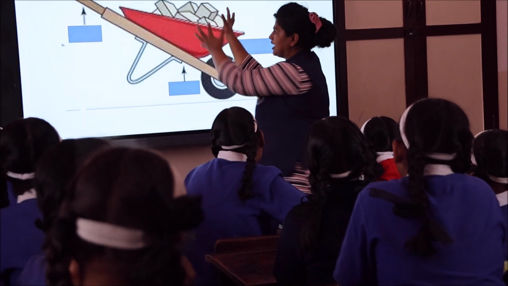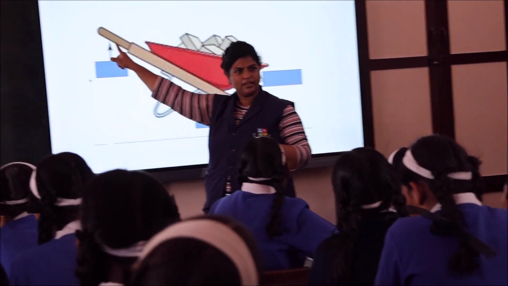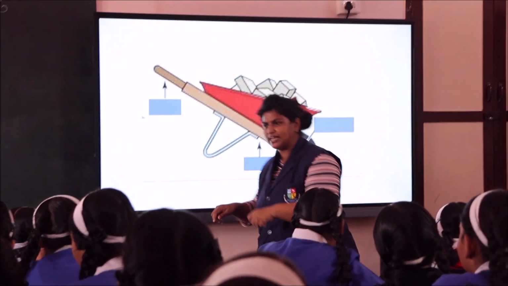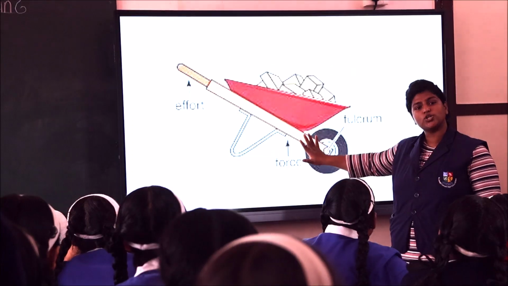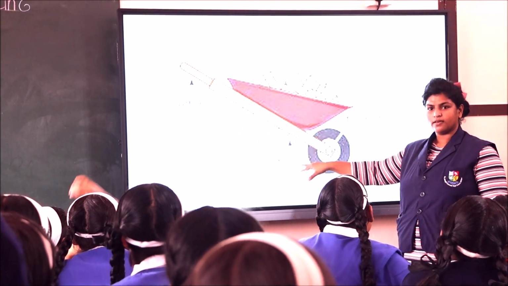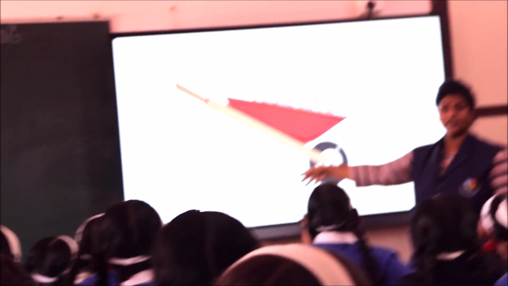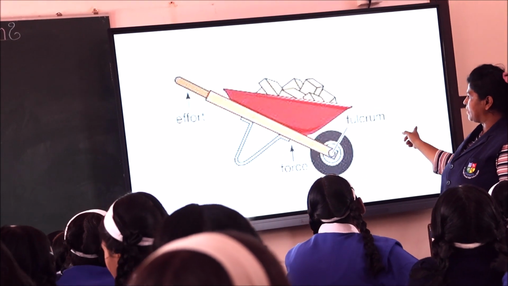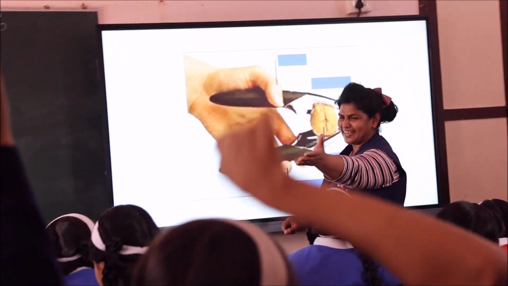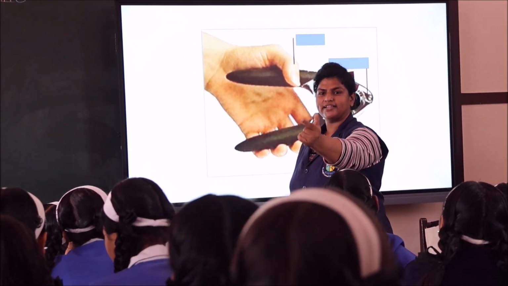In the center. This is the load. And where is the effort? Here, the man who is pushing the cart. Understood? Clear? Which order is this? Load in the center. Very good.